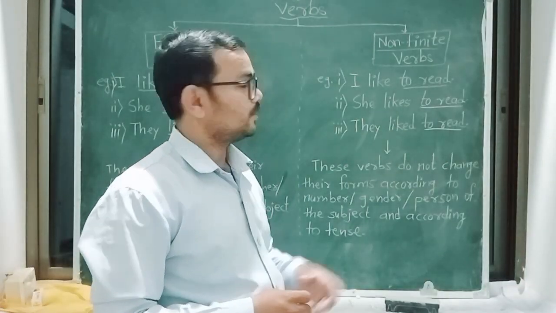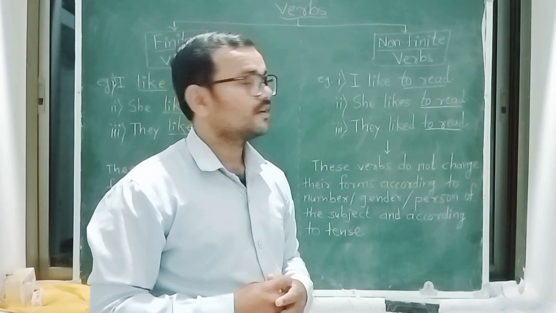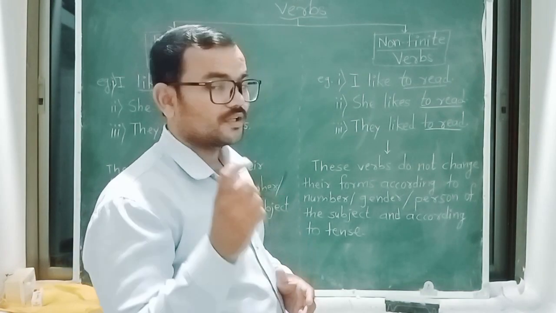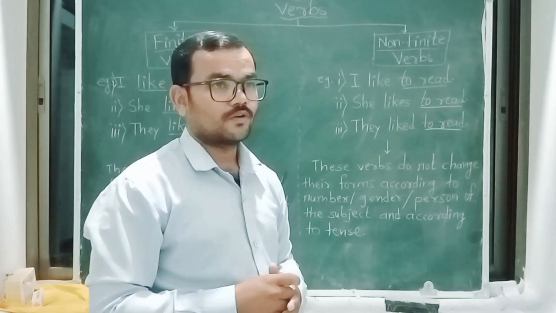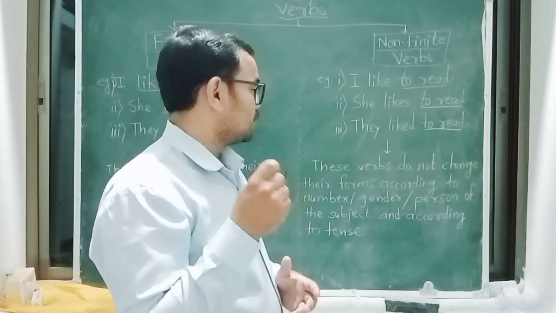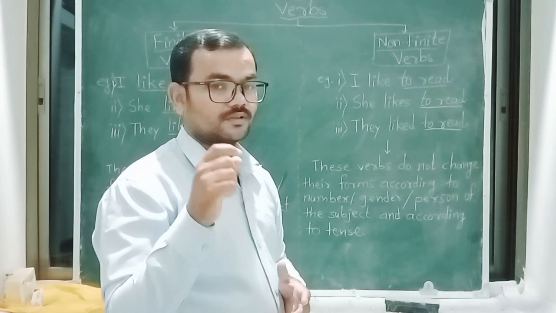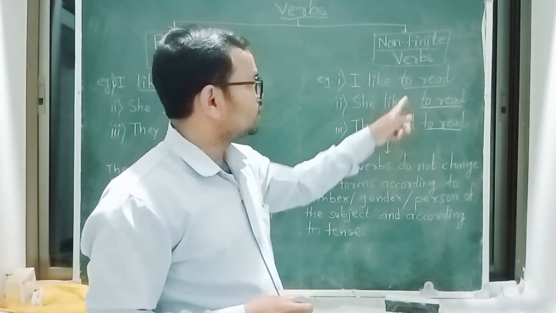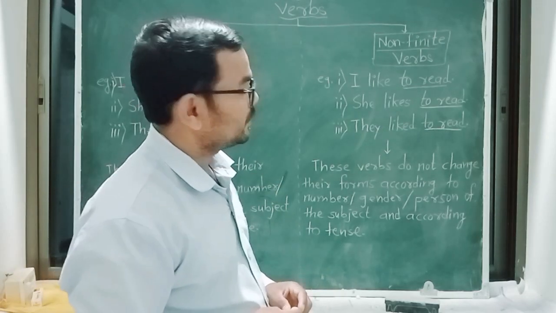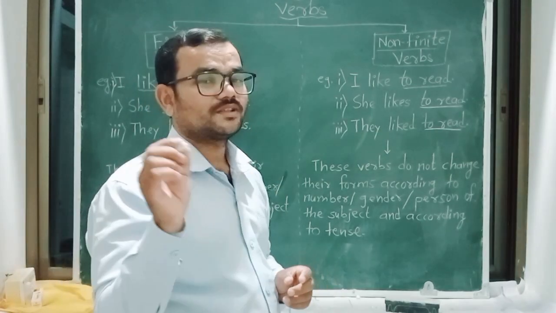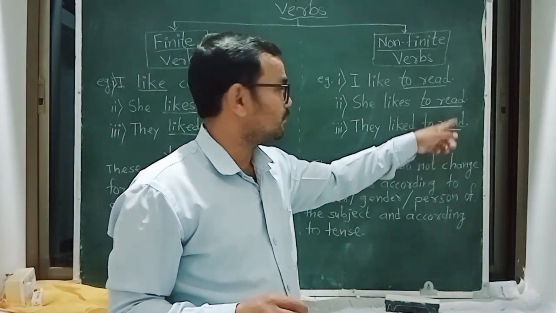So infinitives are the kinds of verbs, or we call them non-finite verbs, which do not change their form according to number, gender, or person of the subject, or according to tense. So to read is an infinitive. The form of the infinitive is to plus the first form of the verb. So these are the two forms of verb, finite and non-finite verbs.